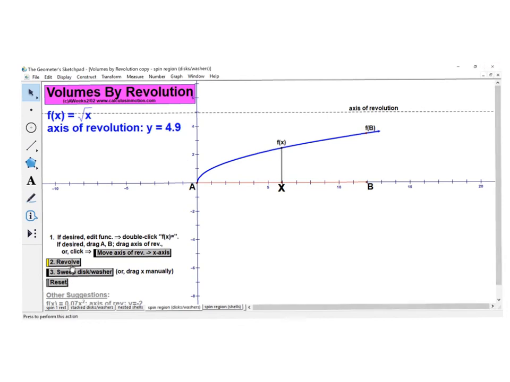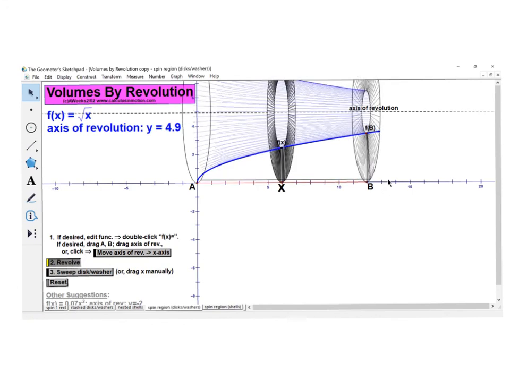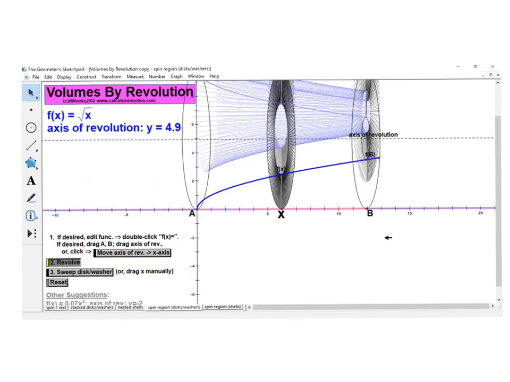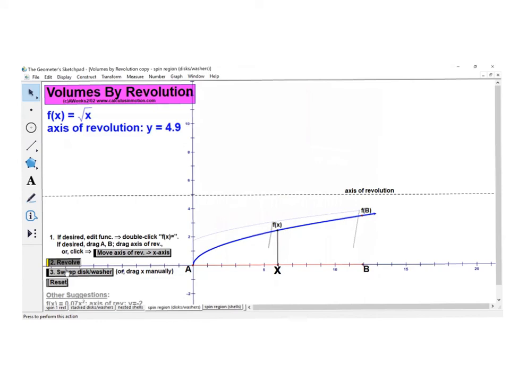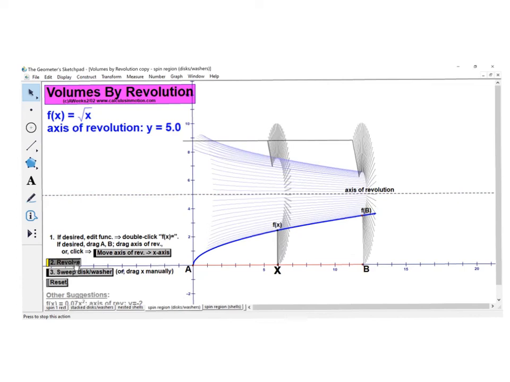Now, if we start revolving, let me just try it again. I'm going to reset. Okay, so we're going to revolve the area of this region about the line y equals, well, something like 5. Okay, now let's revolve it so we could see it.